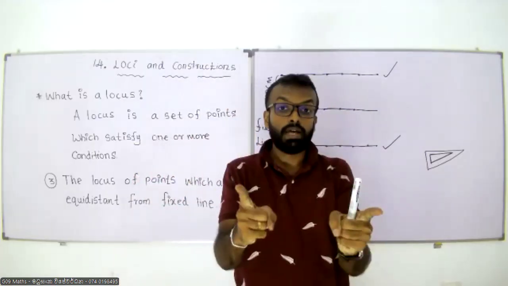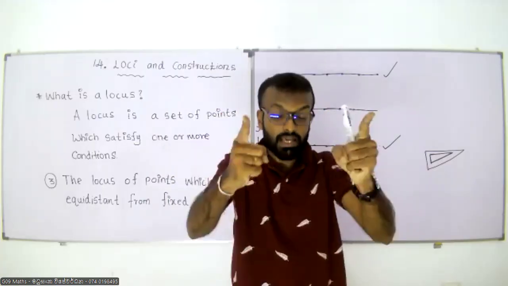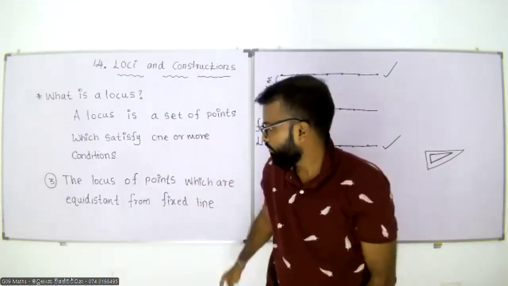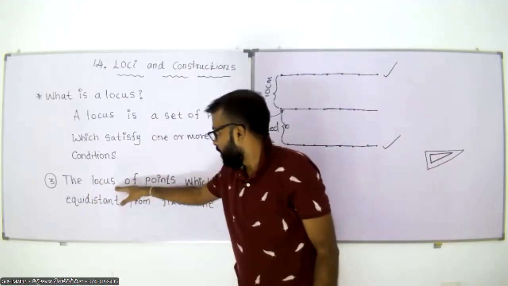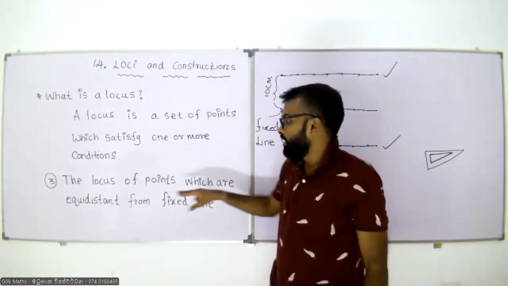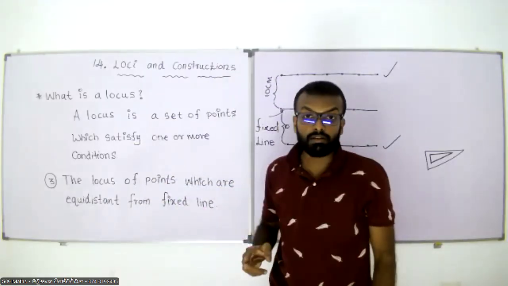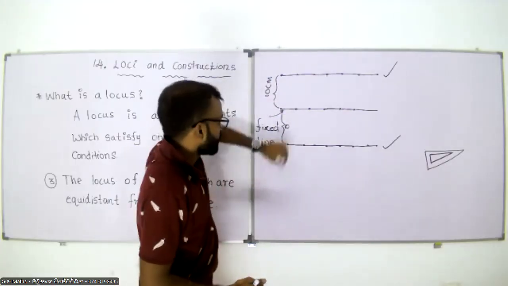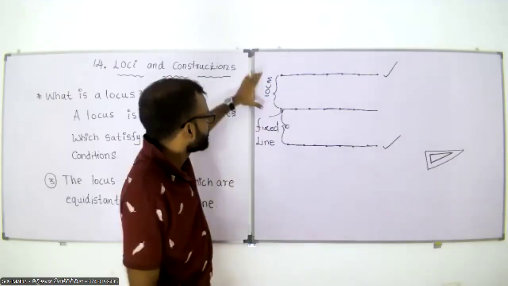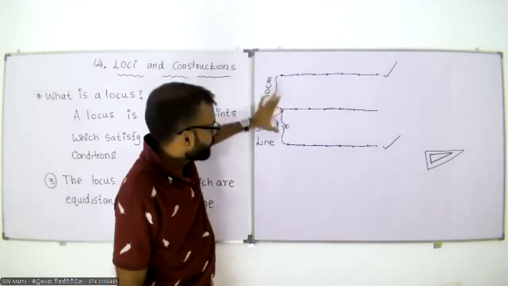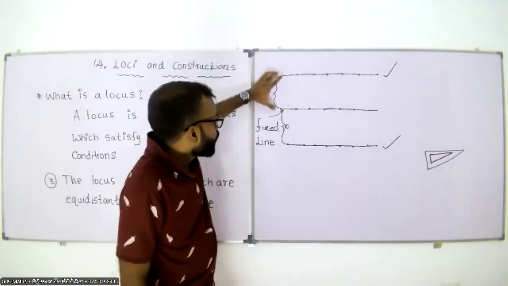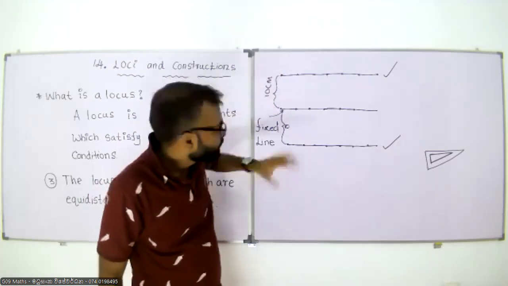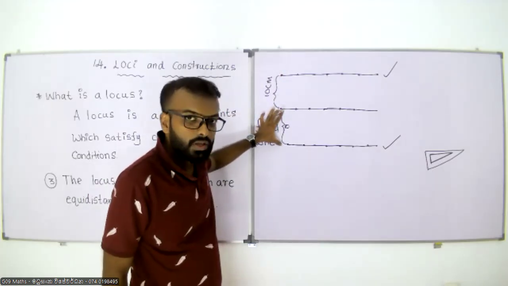So remember that if in the exam they ask you for the locus of points which are equidistant from a fixed line, there should be two lines, top one and bottom. For example, I have taken this distance as 10 centimeters. If the top distance is 10, the bottom should be 10 as well.